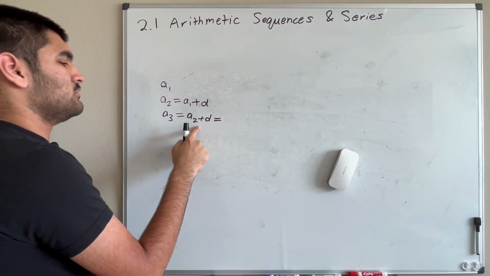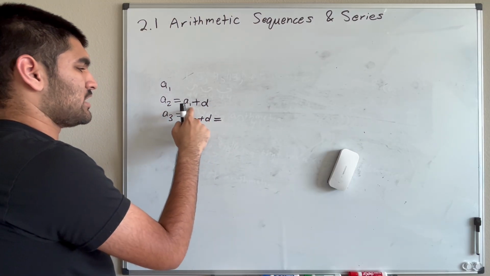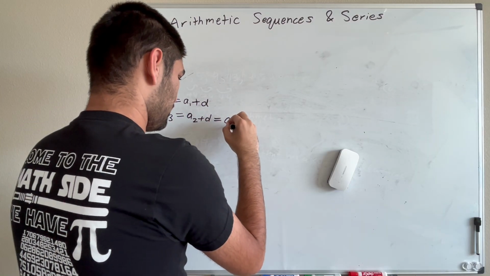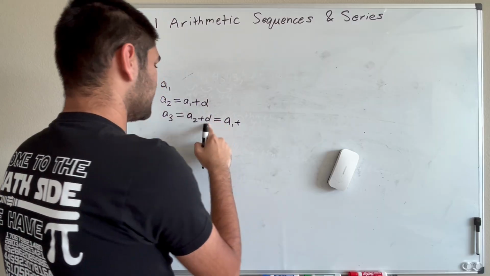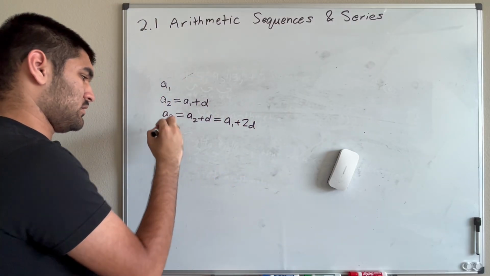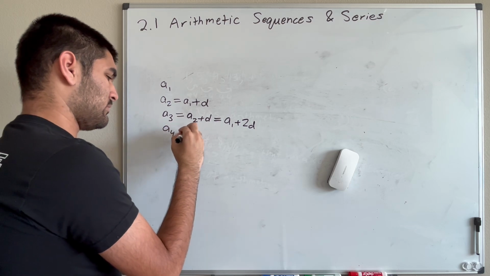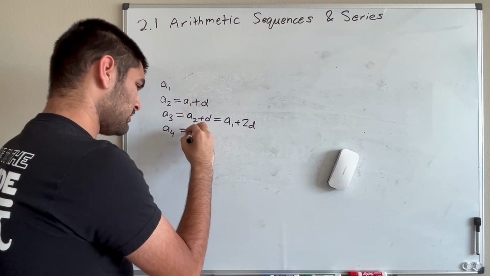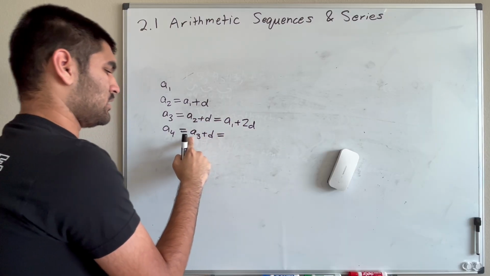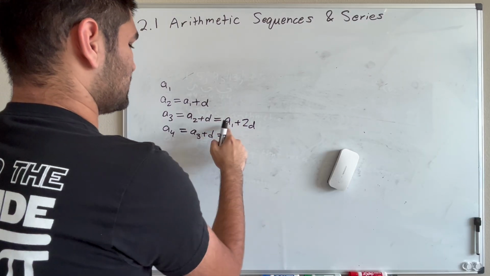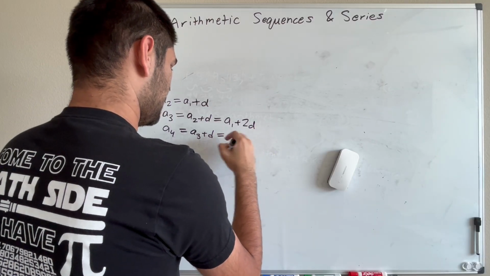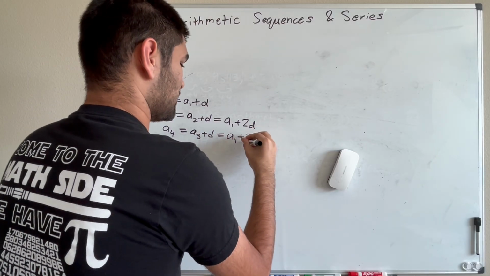But we know what a2 is, because a2 is equal to a1 plus d. So if you substitute this in for a2, we get a1 plus d plus d, which gives us a1 plus 2d. And then we can do this one more time. a4 is the previous term, a3, plus the common difference, d. Again, we know what a3 is, because a3 is a1 plus 2d. So substituting that in, we get a1 plus 2d plus d, which gives us a1 plus 3d.